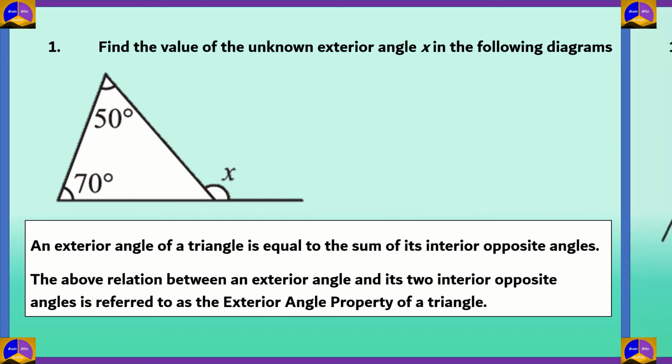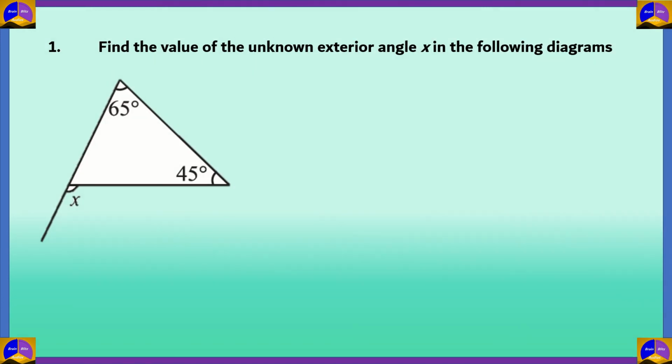Next question. It's the same question, second diagram. We'll apply the same property in this question too. We have to find the unknown exterior angle x again. The interior opposite angles are 65 degrees and 45 degrees. So x is equal to 65 degrees plus 45 degrees.